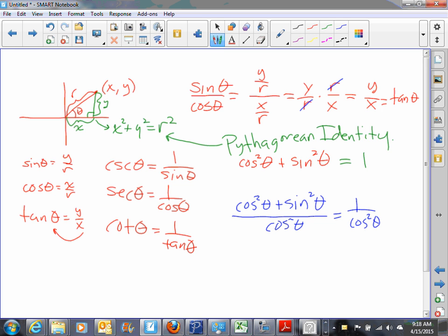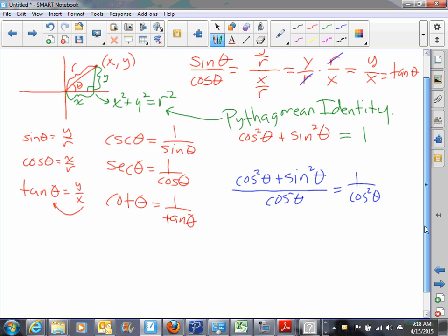What would actually happen? Well, first of all, on this side, we could rewrite this as the cosine squared of theta divided by the cosine squared of theta plus the sine squared of theta divided by the cosine squared of theta equals 1 over the cosine squared of theta.